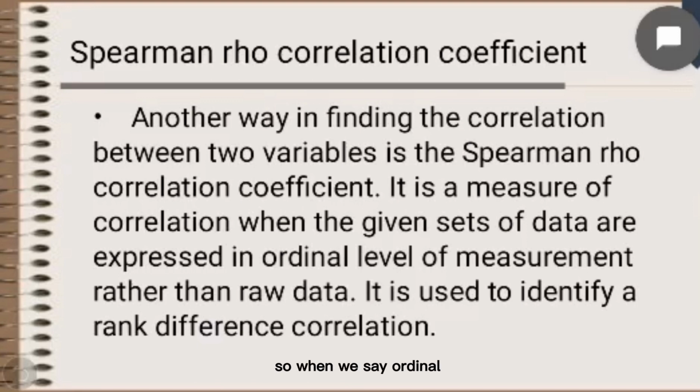When we say ordinal, it means that the level of measurement used is grouped into categories and conveys an order of the variables. From the word order, we have the idea of going from least to highest, or the idea of ranking. For example, a student getting an average of 99 will be placed at the first rank, followed by others according to their average.